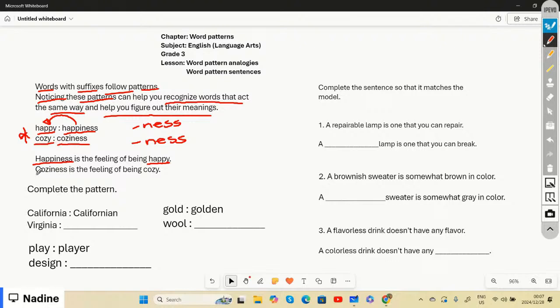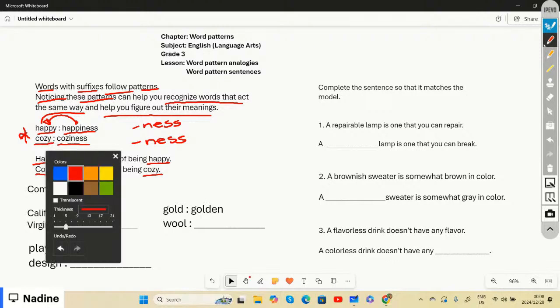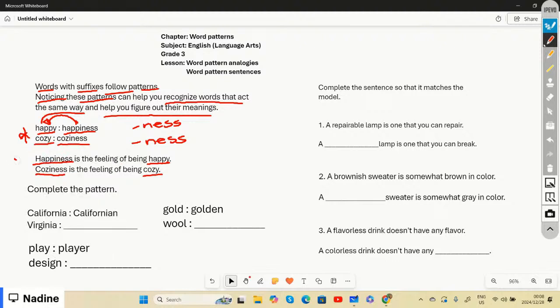Now we can see that coziness is the feeling of being cozy. So happiness is the feeling of being happy, and coziness is the feeling of being cozy. And that basically gives us the idea.